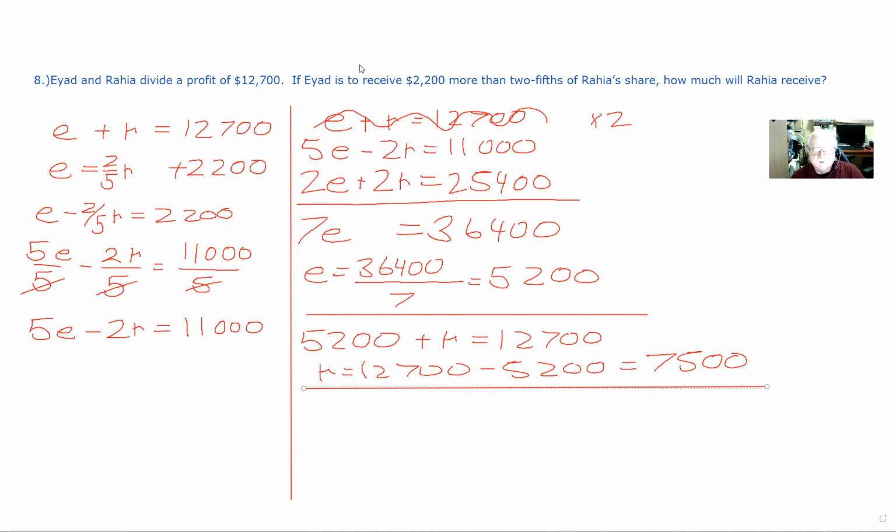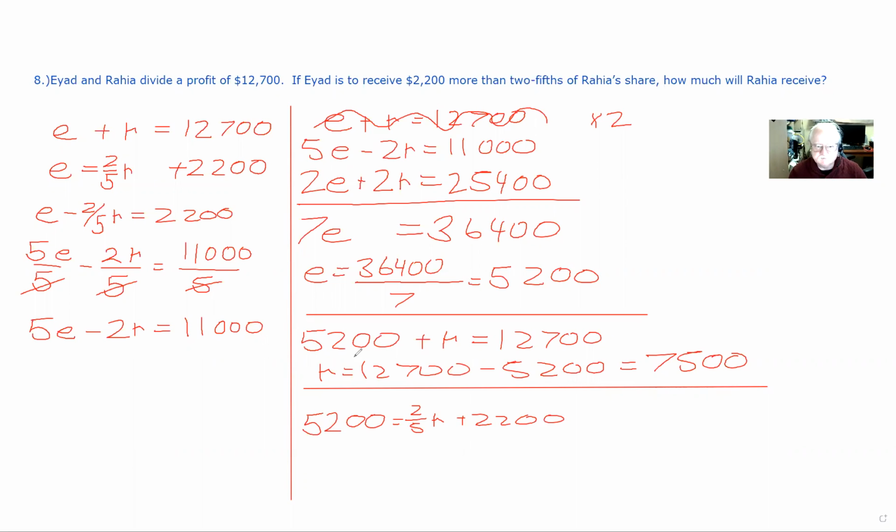So let's put it into the other equation. What did we have? E, which is 5,200, equals 2 over 5R plus 2,200.